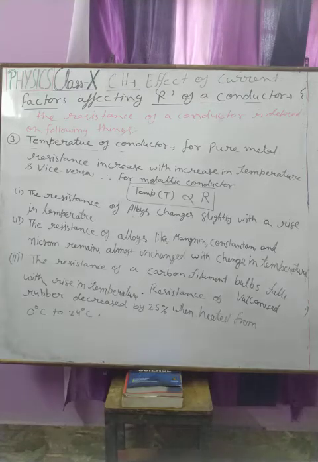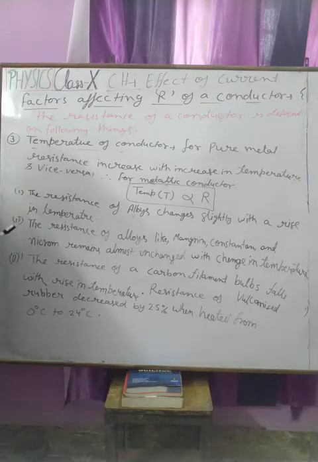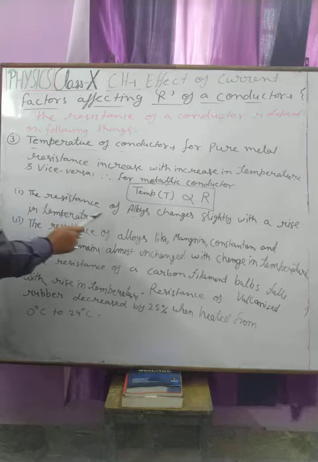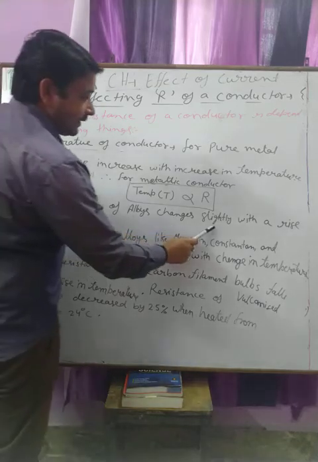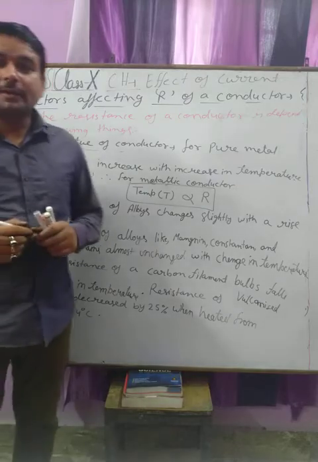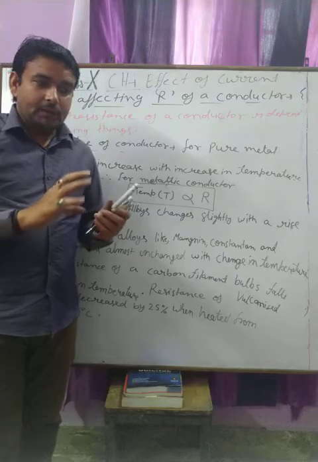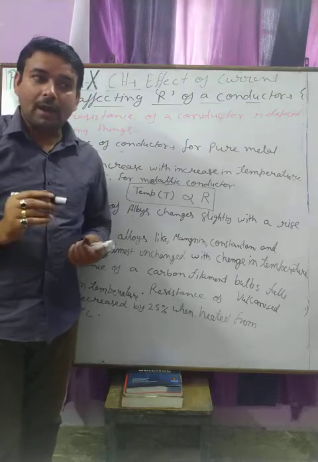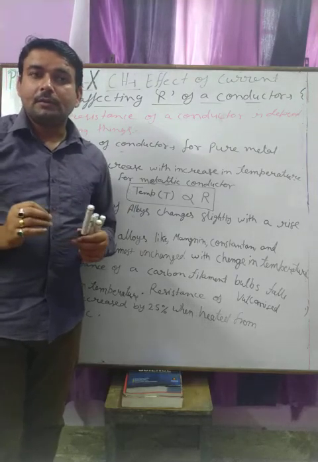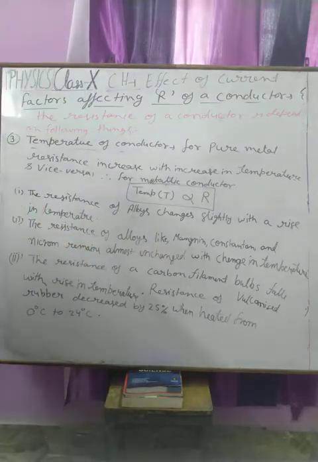Here student, related to temperature, I am writing three points. The resistance of alloys changes slightly with a rise in temperature. Student, alloys are a mixture of two metals, so they are highly resistant to current.